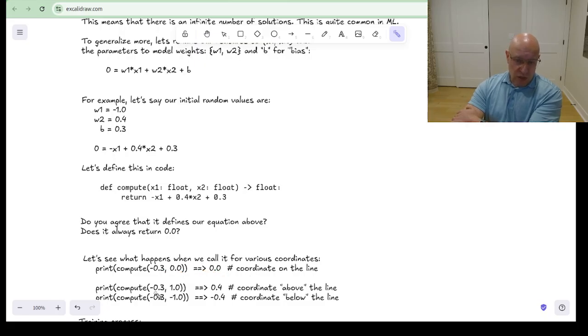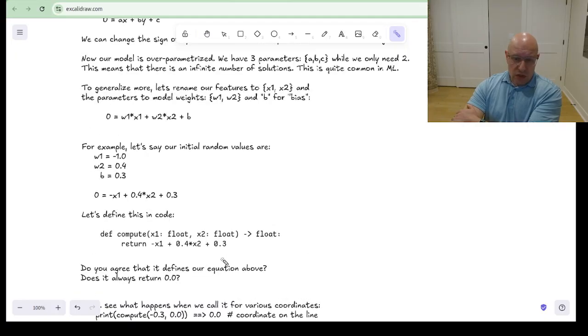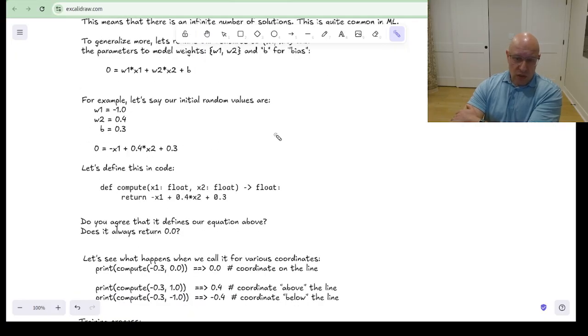But if we plug in a different value, we don't get zeros, right? So it turns out that when you have a line, coordinates on the line will return a 0, but coordinates that are above the line will return a positive number, and coordinates below the line will return negative values. So you only get a 0 when you hit the line exactly.